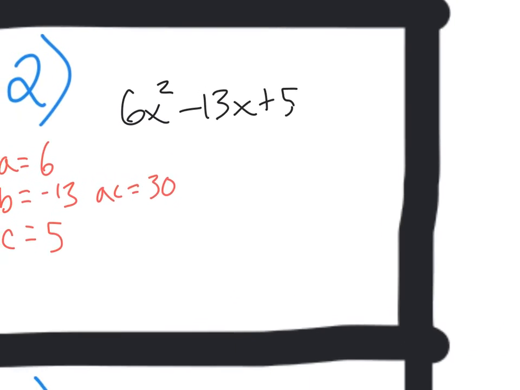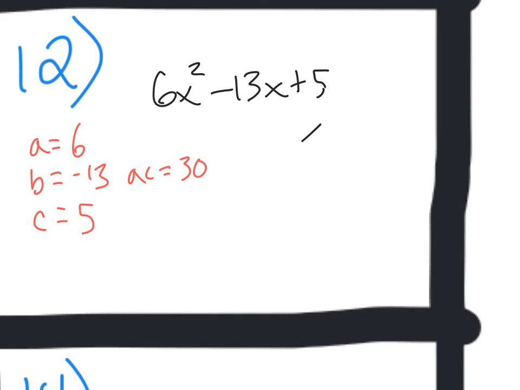Let's utilize the magic x now. So B goes on the bottom, AC goes on top. So now this one's going to be a little bit tricky. We've got to think about what times what will make 30, but when added together makes negative 13.